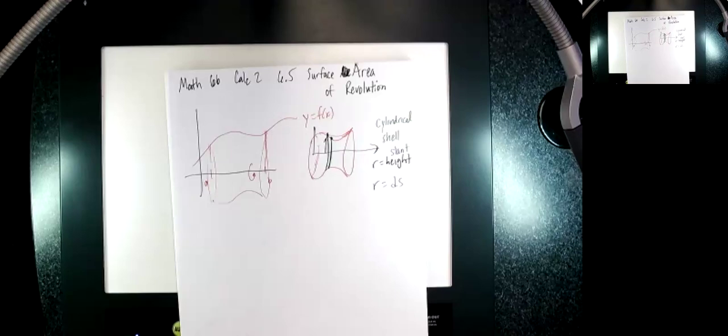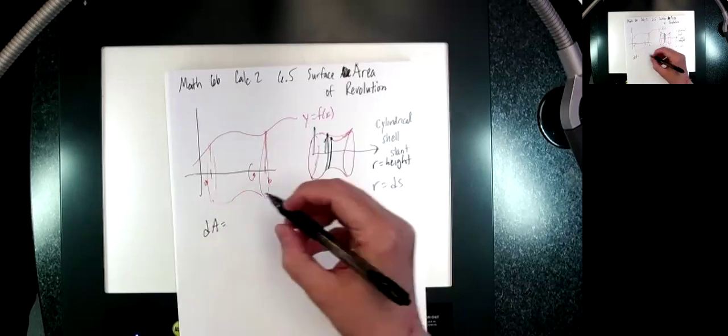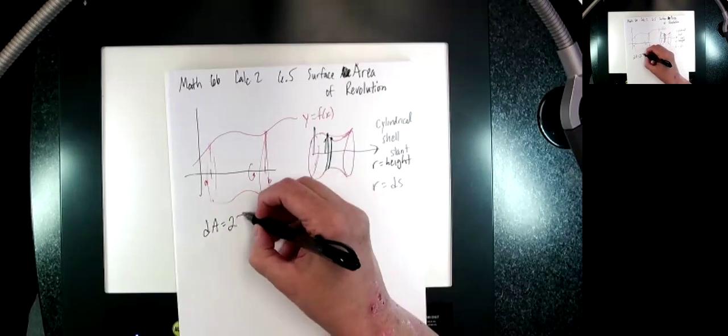And so with our surface area, we've got to account for the cylinder. So we're looking at a dA, we've got 2 pi.